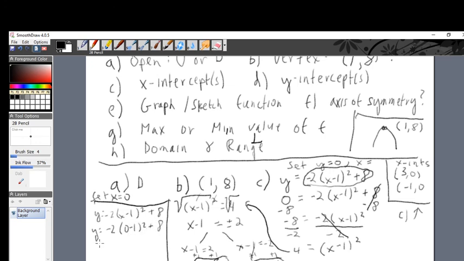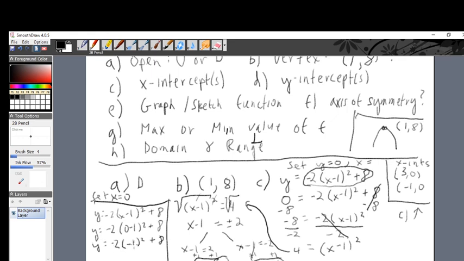Now what is 0 minus 1? It's going to be minus 1. So I write y equals negative 2 times (negative 1) squared plus 8. What is negative 1 squared? That's 1, right? Negative 1 squared is positive 1.